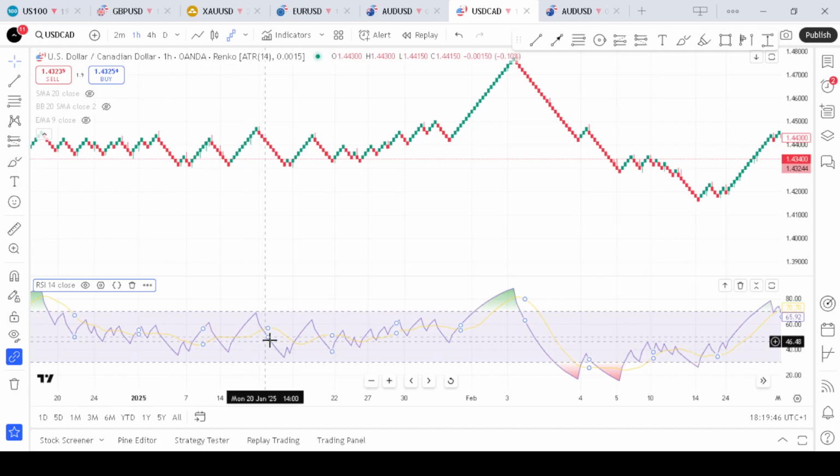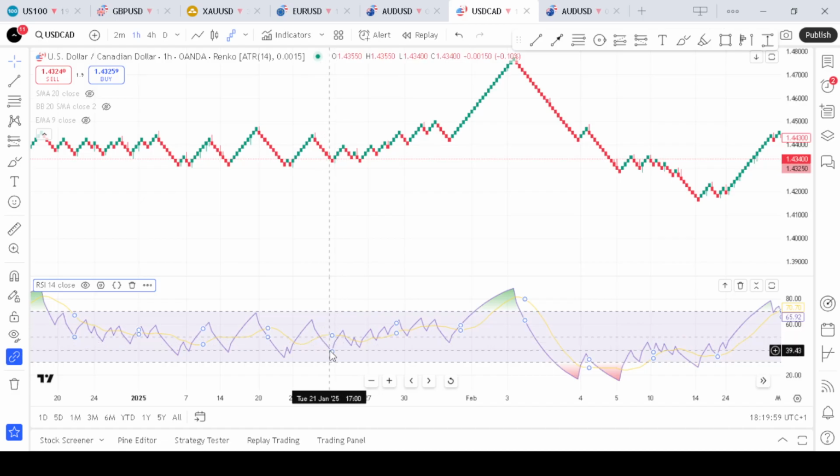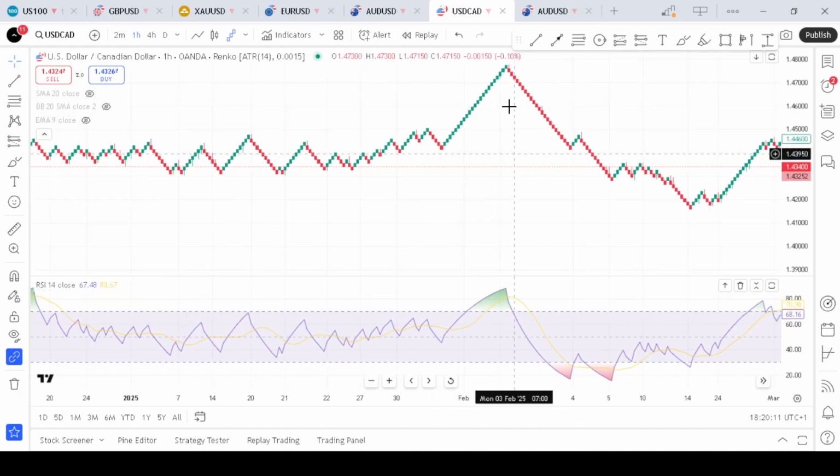You use this 50 level on the RSI as a midway point to gauge the market sentiment, in the sense that when price is above the 50 level, we are in a buy trade. When price is below, we are in a downtrend. You look for RSI readings above 70 for an overbought condition. When price is above 70, it signals overbought, showing that price will soon trade to the downside.